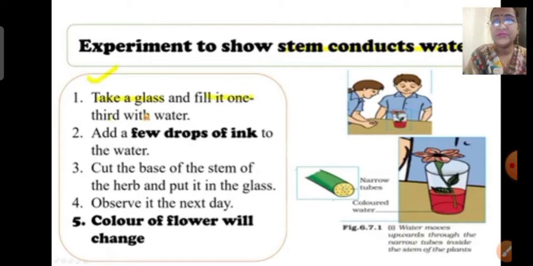You will observe that the color of the flower has changed. And how does this happen? Because the stem has transported this red colored water to the different parts including the flower, and that's how this flower got red colored, isn't it? Now here also we have one white rose stem.